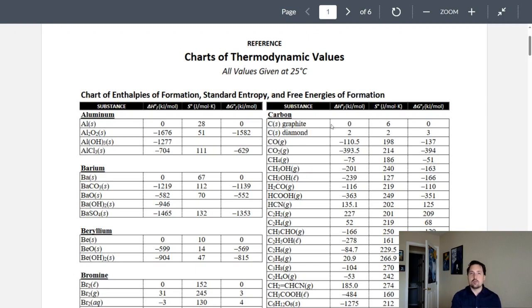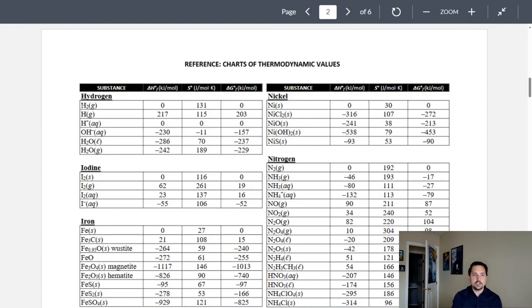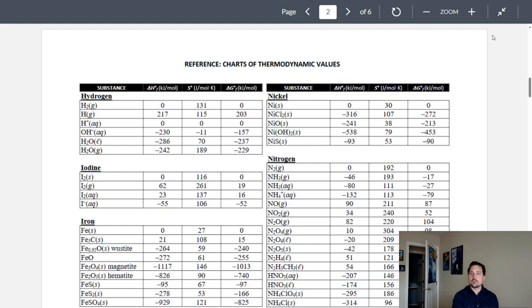And graphite is the more stable state of carbon, so it's going to have a delta H value of 0. And for hydrogen, we see that hydrogen normally exists as the diatomic molecule, not as the free hydrogen form. And so we're going to want to use the H2 value.